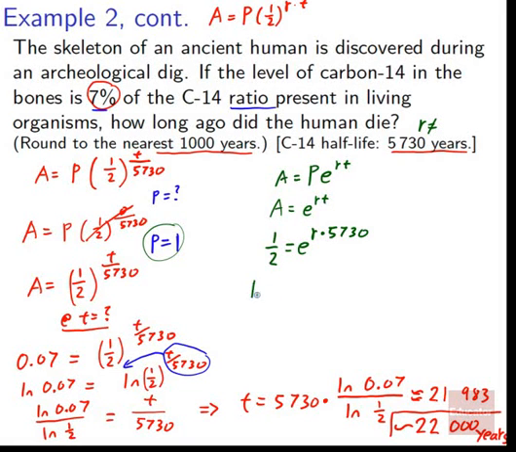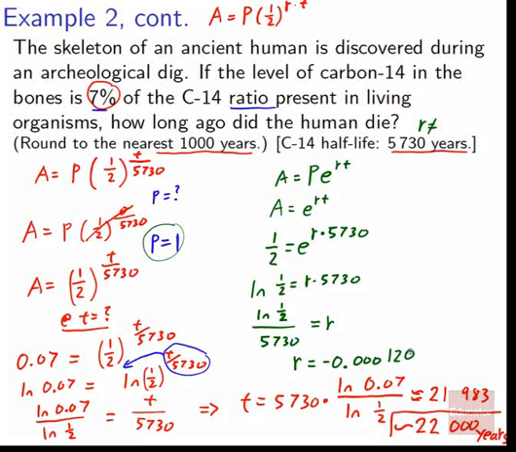We can take the natural log of both sides, so we've got natural log of 1/2 equals r times 5730. We divide both sides by 5730. We've got natural log of 1/2 over 5730 equals r, which winds up getting us a rate of negative 0.00012097.